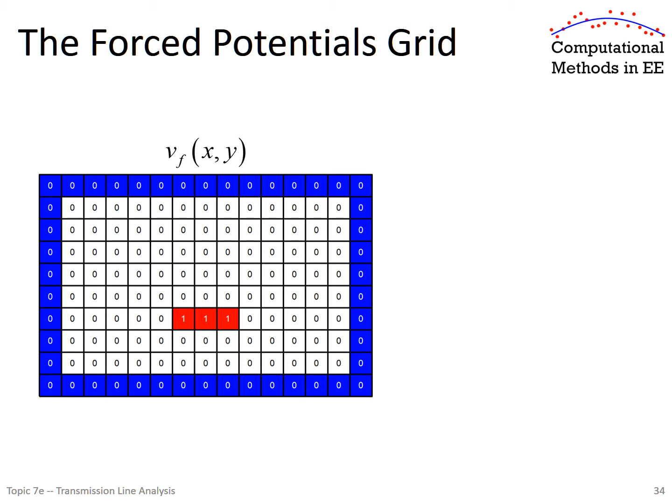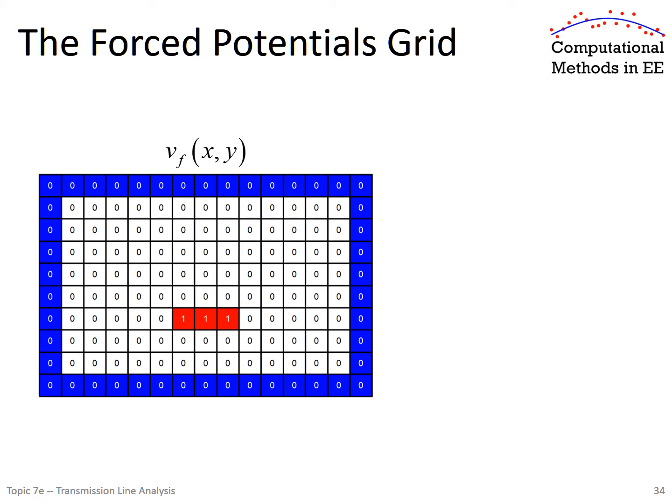If we do more than that, we can still formulate our code correctly, but we just need to account for that when we calculate our distributed capacitance. What you'll see is in our equations, we'll make the assumption that there's only 1 volt applied between the signal line and the ground, and that simplifies the equation a little bit. Not such a big deal to fix that, but you'll see when we get to that.